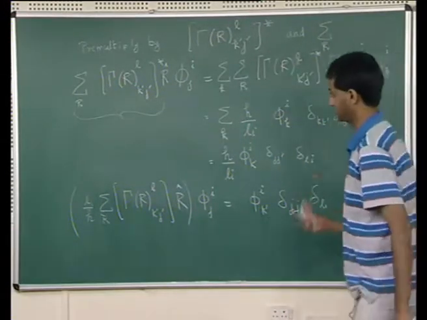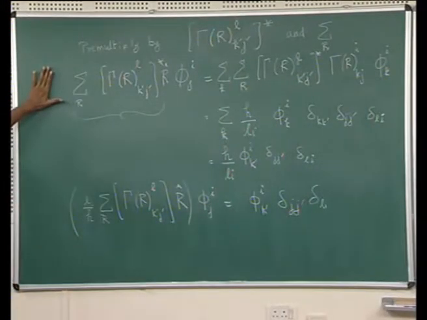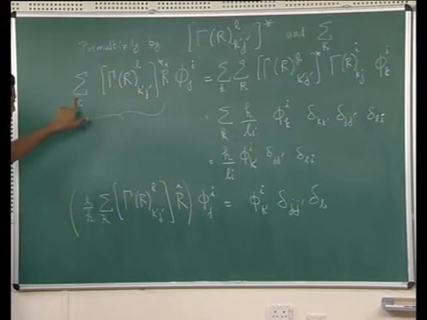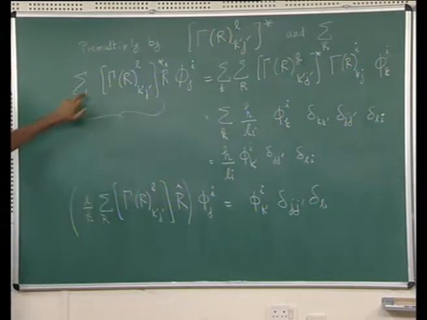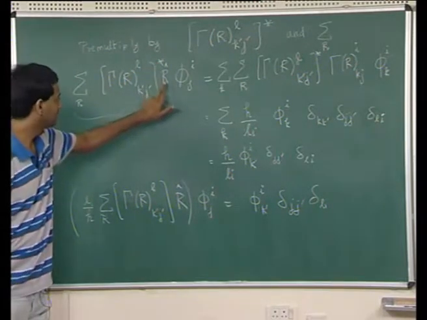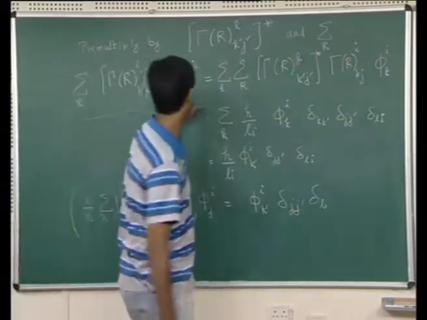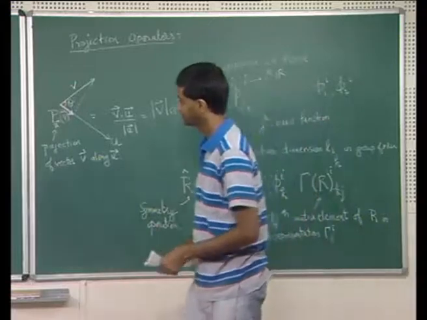Sum over all the operations, and you do this on both sides. On the left hand side, what you have is this object: sum over R, gamma R, L, k prime j prime star, and you have an R phi j I. This R phi j I, you have it here.